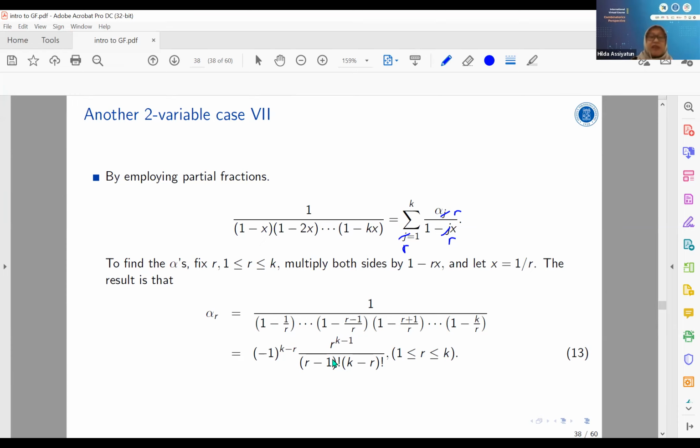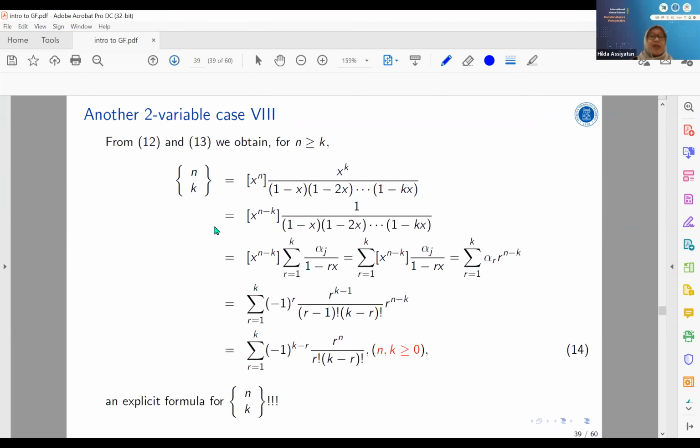So we'll have this factor r minus 1 factorial, and then we will have this many minus 1s from here. We collect them all in this factor, and then the r from below going up, we will have r to the k minus 1. So we can tidy it up a little bit to get alpha_r in this partial fraction.